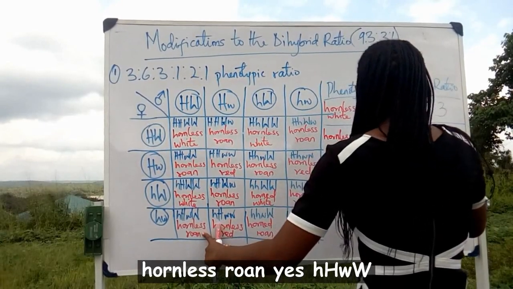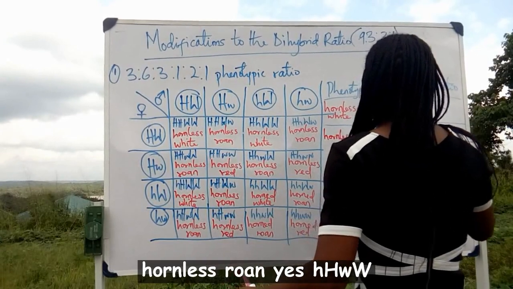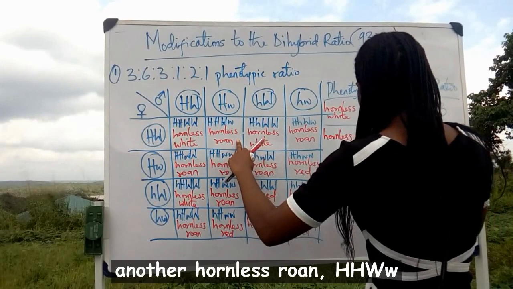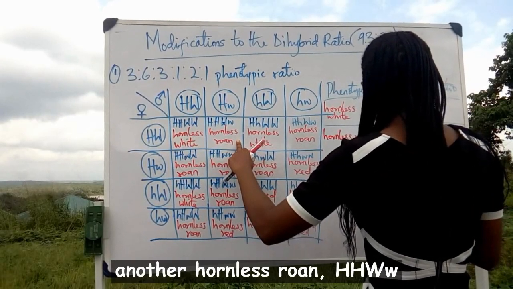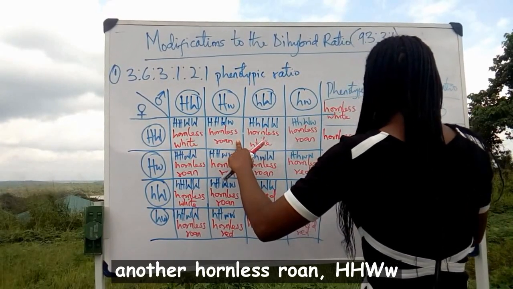Small h, big H, small w, big W. Another hornless roan, big H, yes, big W, small w.